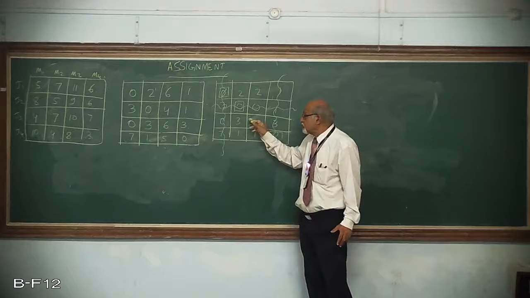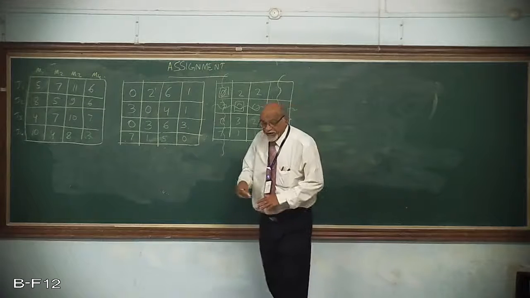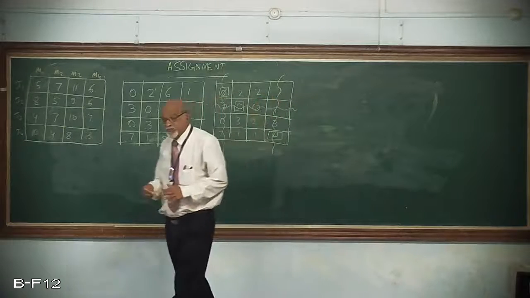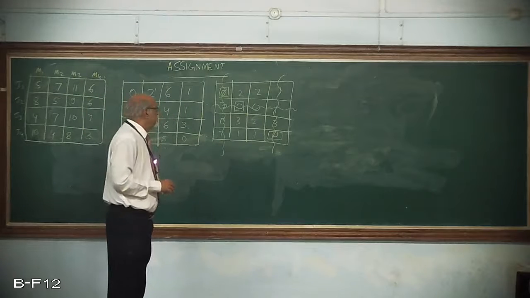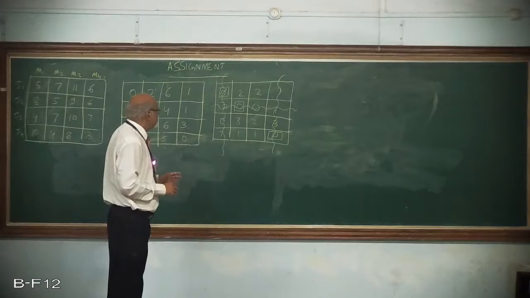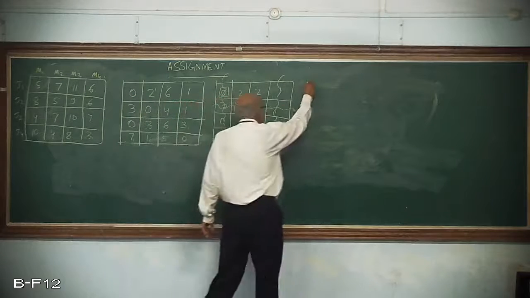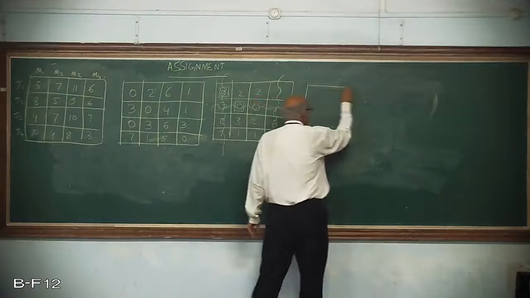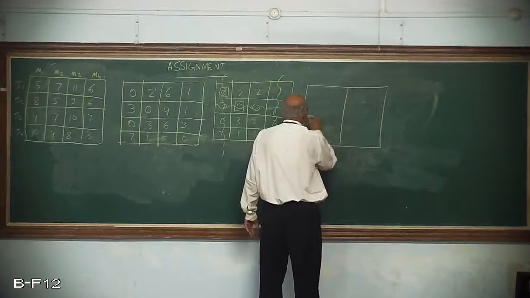Okay, now assignment is to be made. So what needs to be done next? Next, again, I need to create some more zeros. Try to understand. We are going to create some more zeros. How do I create some more zeros? Now, 2 or 3 things need to be observed over here.